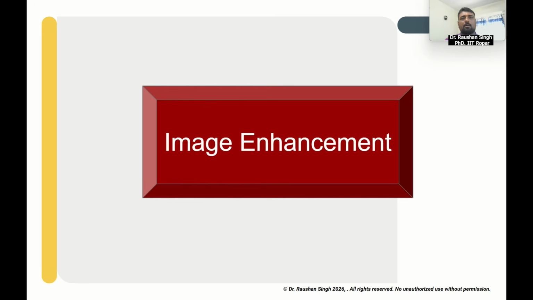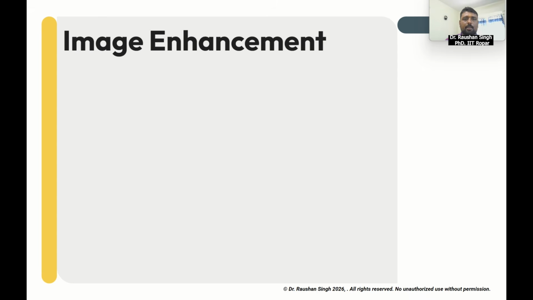So all those things we'll be seeing in today's class. To understand histogram-based systems, what is the application of that? Where are we going to implement that? So our main topic is actually image enhancement, where histogram equalization and histogram matching are going to be used. So what is image enhancement basically? Image enhancement is the capability of image processing to enhance the quality of the image in two terms.